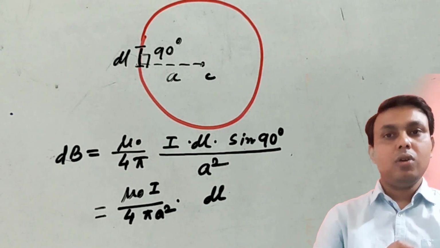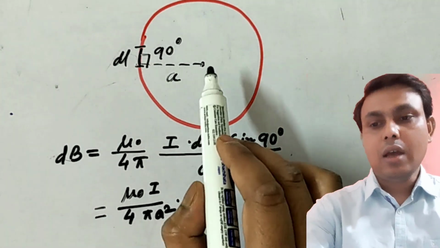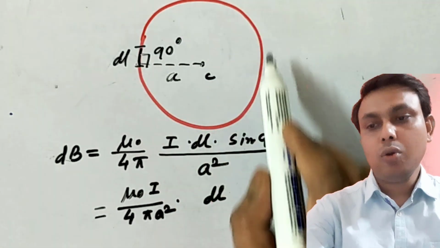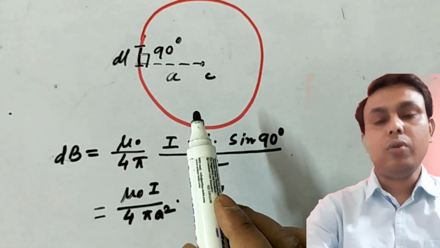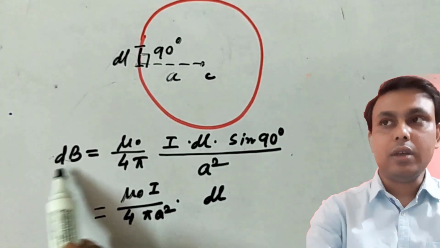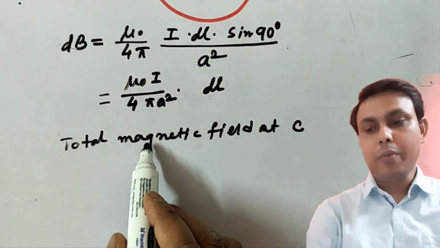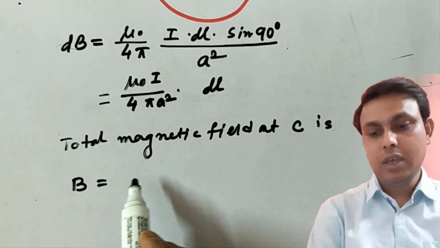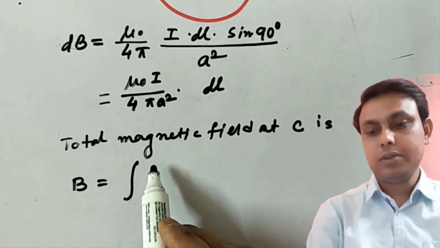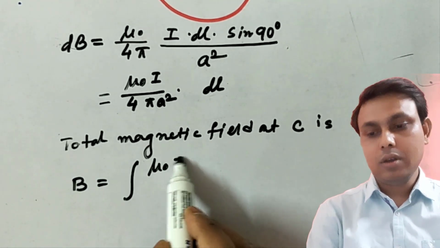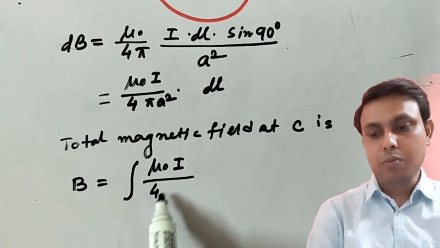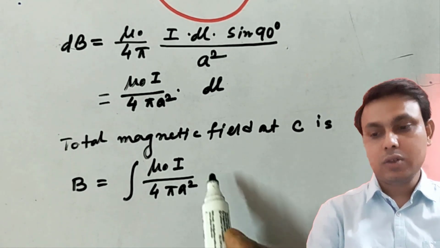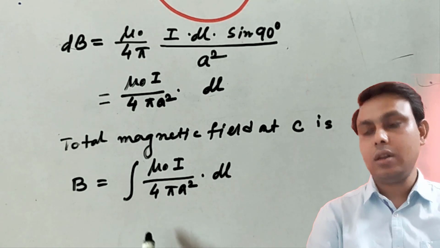Now, to calculate the magnetic field at this point C for the whole circular conductor, we have to integrate over dB. So total magnetic field at C is B equal to integration over mu 0 I upon 4 pi a square into dl.